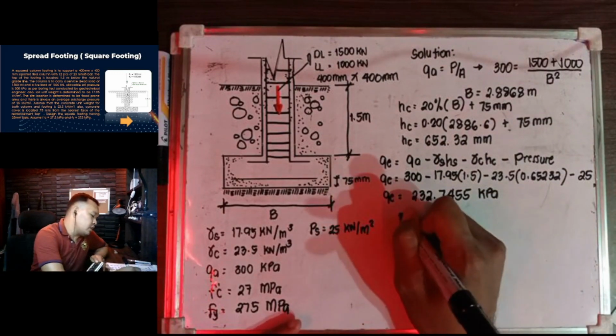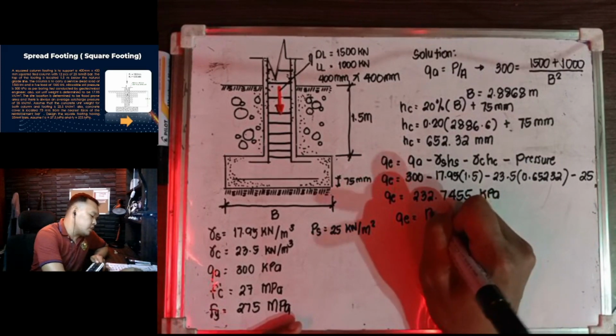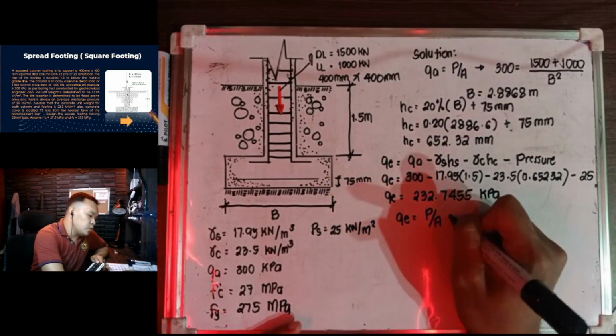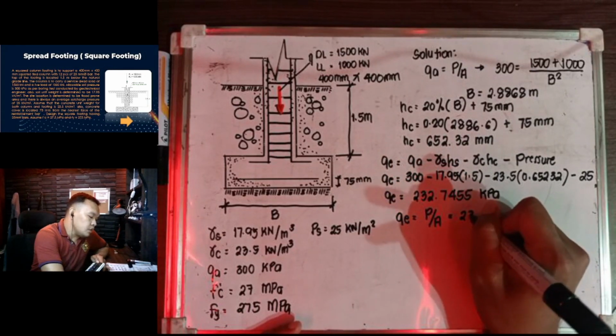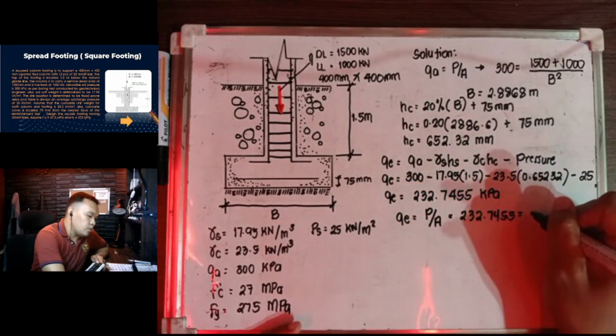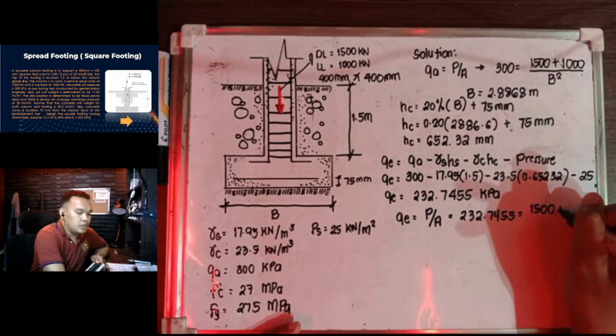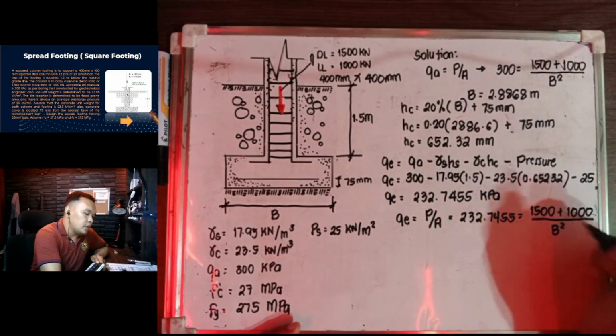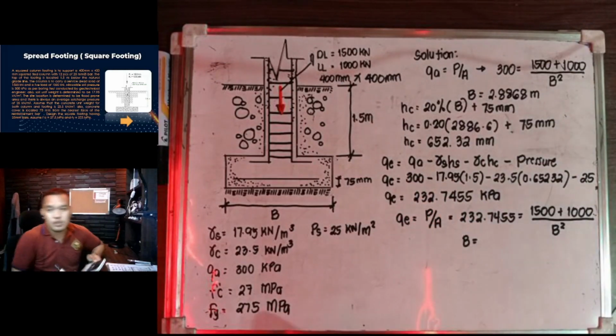No? So, we have here QE is equivalent kay force all over area ulit tayo, which is equivalent kay 232.7455 is equivalent kay 1,500 plus 1,000 divided by B squared. So, the actual dimension, which is B, is equivalent kay square root of 1,500 plus 1,000 divided by 232.7455.